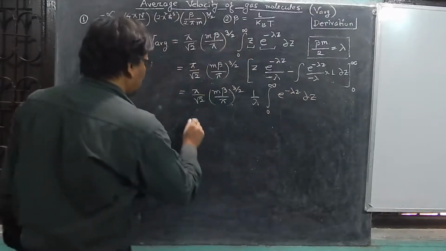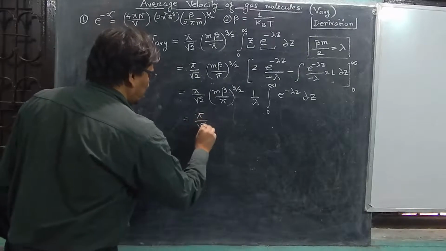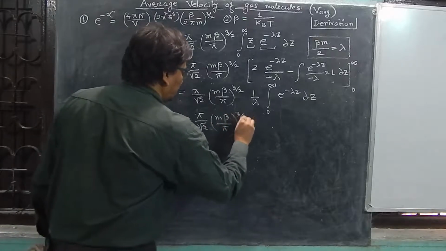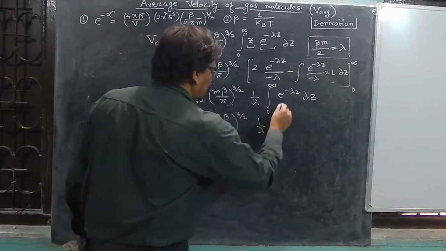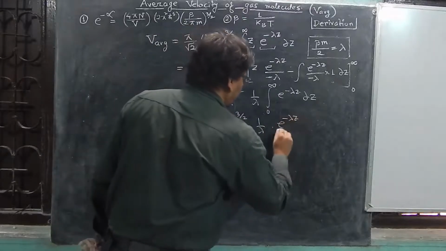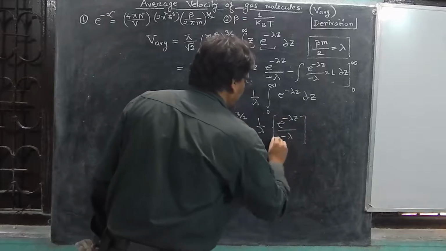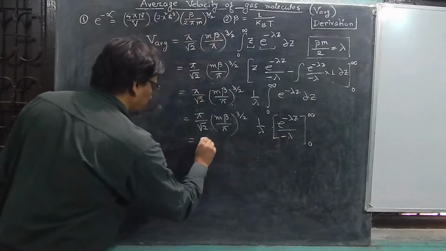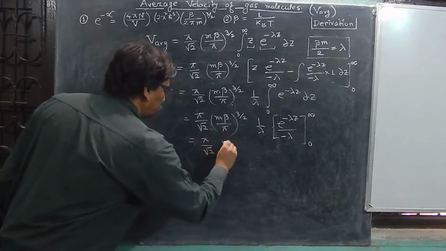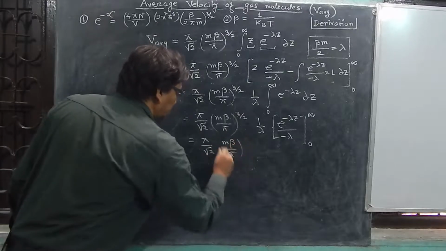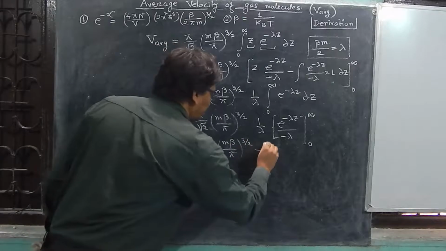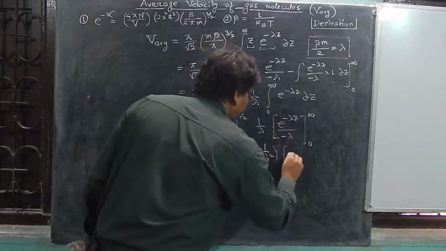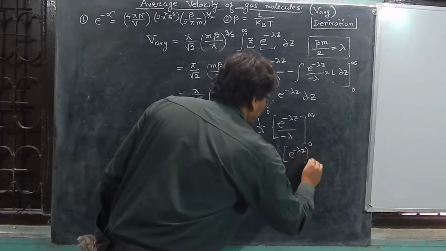Now this integration is very simple. This will be m beta by pi whole to the power 3 by 2, times 1 by lambda, and this integration will be e to the power minus lambda z by minus lambda, put from 0 to infinity. Taking this lambda out, this will be pi by root 2, m beta by pi whole to the power 3 by 2, times minus 1 by lambda square, times e to the power minus lambda z from 0 to infinity.